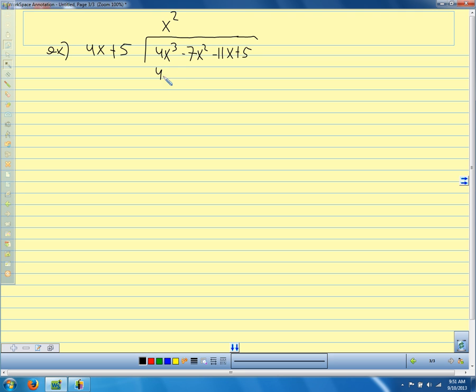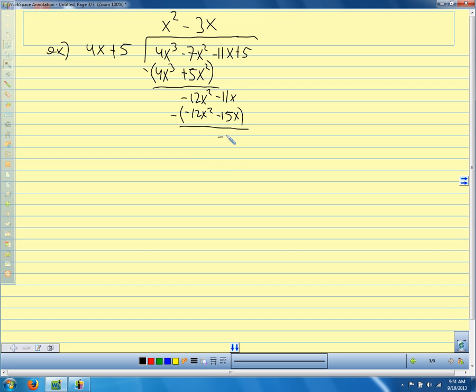Multiply those out, so I get 4x cubed plus 5x squared. When I subtract, what do I get? Minus 12x squared. And I bring the 11x down. All right, what's the next thing that goes up here? Minus 3x. And I multiply that out, I get minus 15x. Subtract. What am I left with here?